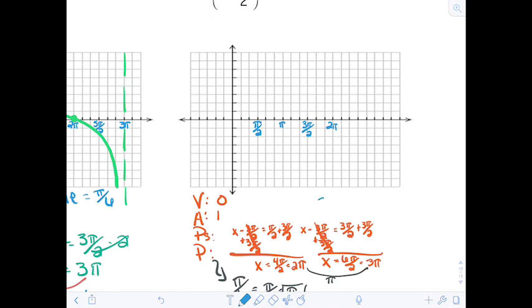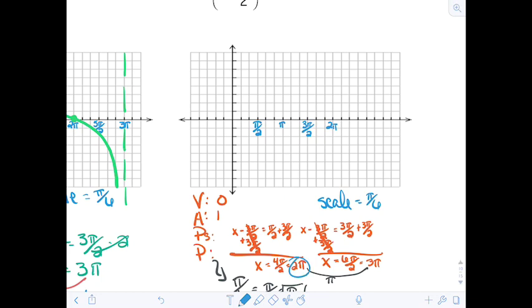Okay. And again, this was a scale of 30, which is pi over 6. So we've counted by pi over 6s. 1 pi over 6, 2 pi over 6, 3 pi over 6 is my pi over 2, 4 pi over 6, 5 pi over 6, 6 pi over 6 is pi, 7 pi over 6, 8 pi over 6, 9 pi over 6 is 3 pi over 2, 10, 11, 12 pi over 6 is 2 pi, and we're going to keep going because I need to go all the way out to 3 pi.